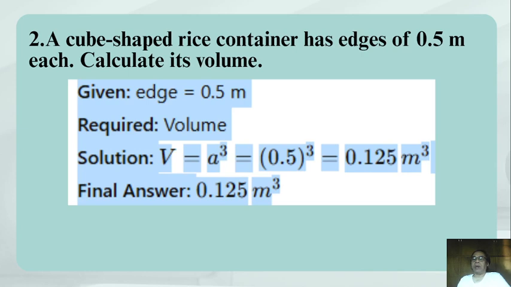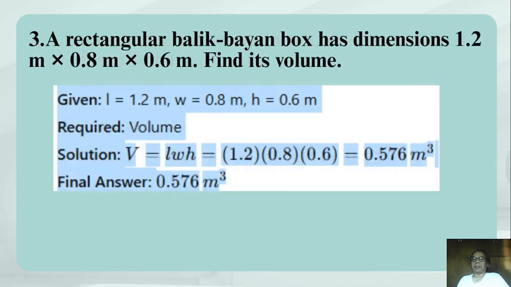Required: the volume. So our solution, the formula to use is V equals a cubed. Substitute the edge a, 0.5 meter. So the final answer is 0.125 cubic meters.